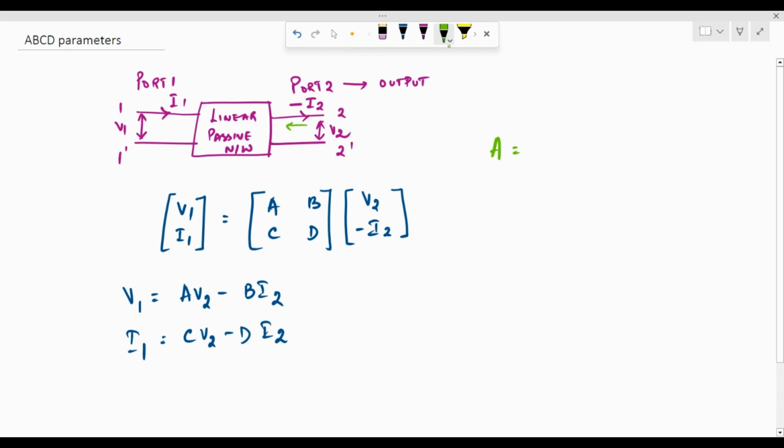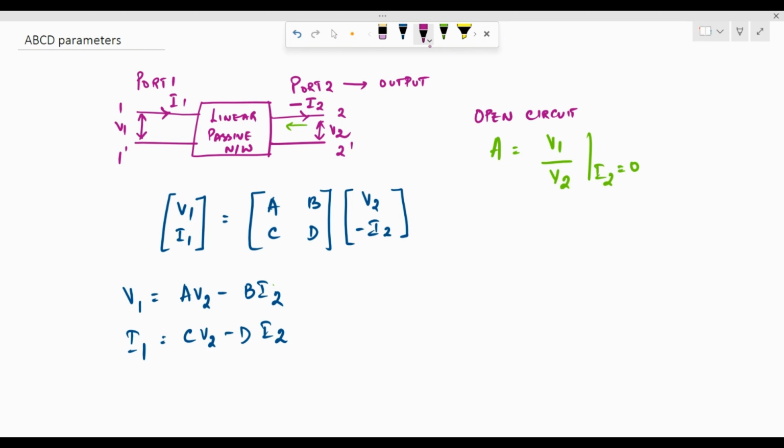To find A, we can consider I2 to be 0 and then A would become V1 by V2, provided I2 is equal to 0. If I2 is 0, it means that port 2 is open circuited. So this parameter is actually called an open circuit parameter, and this is a ratio between the voltages where the numerator is the input voltage and the denominator is the output voltage.